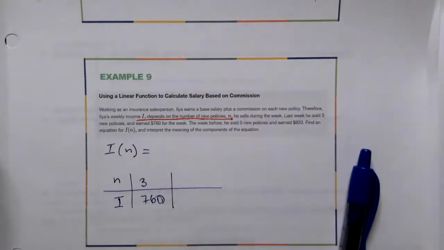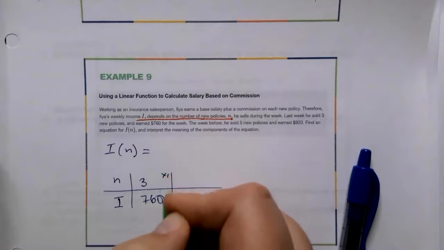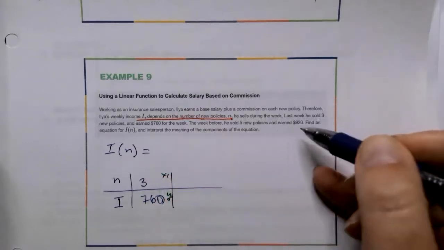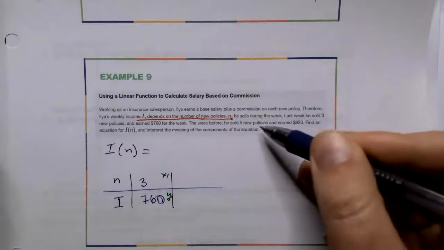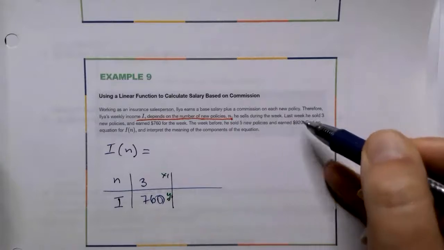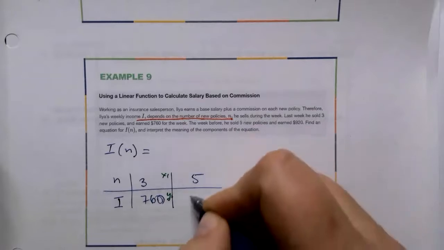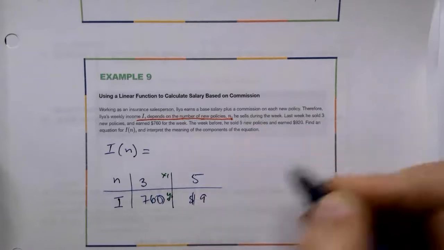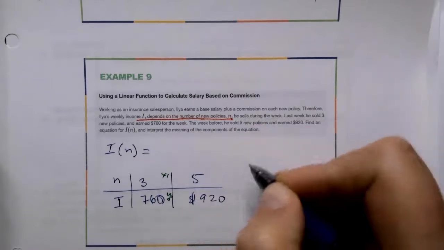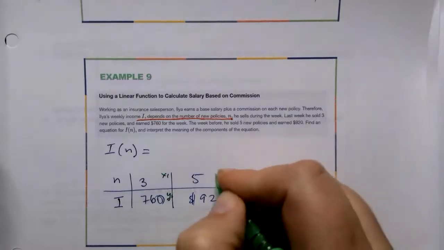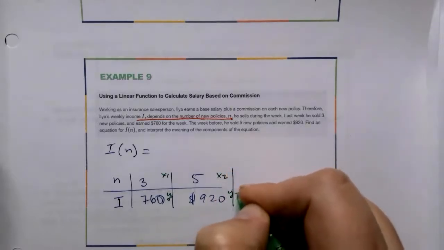So that's one instance. That's your x1, y1. And then after that, they told us that he sold 5 new policies the week before and earned $920. So this is going to be your x2 and y2 values.